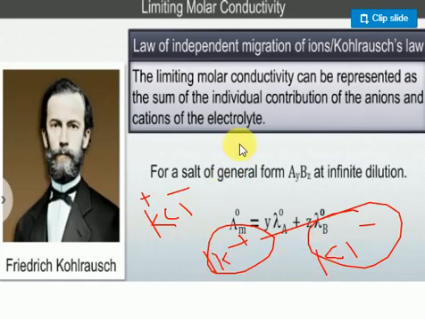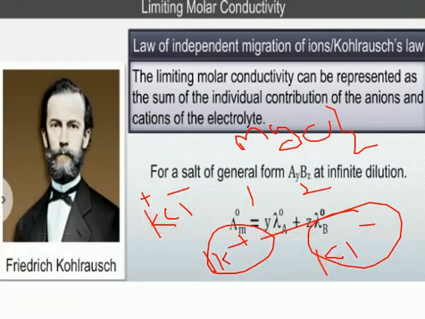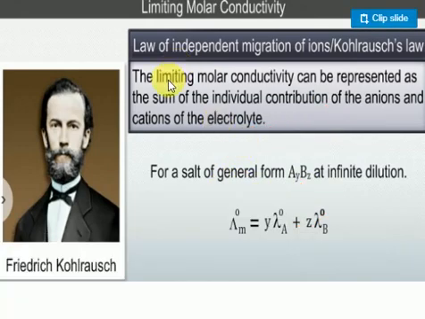If you take magnesium chloride, MgCl2, here 2 will come, the z value is equal to 2, and here 1 will come. Clear? This is nothing but Kohlrausch law. What is given here is that the limiting molar conductivity can be represented as the sum of the individual contributions of the ions, as cation and anion of the electrolyte only.